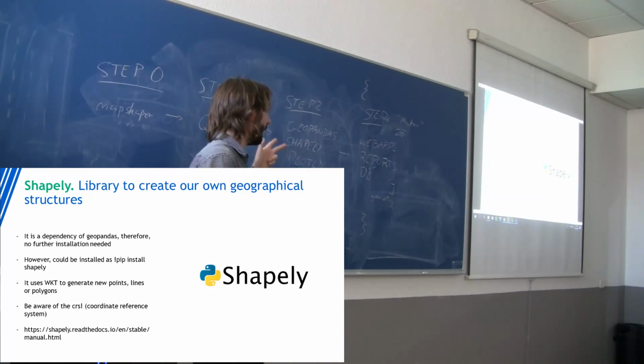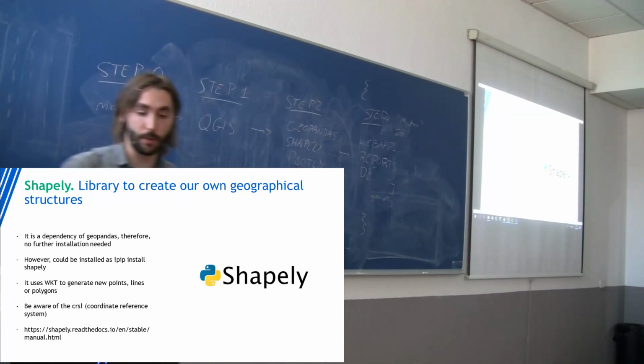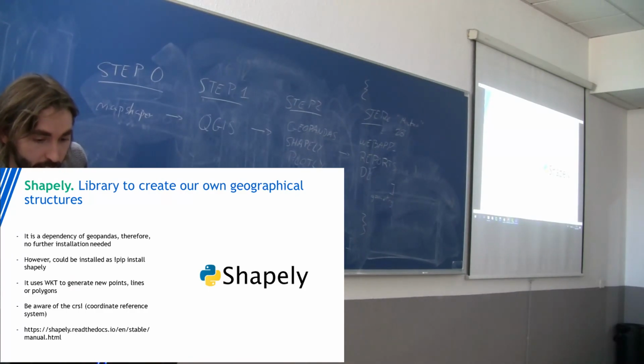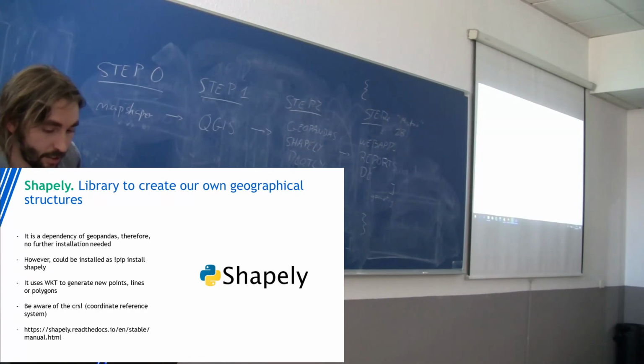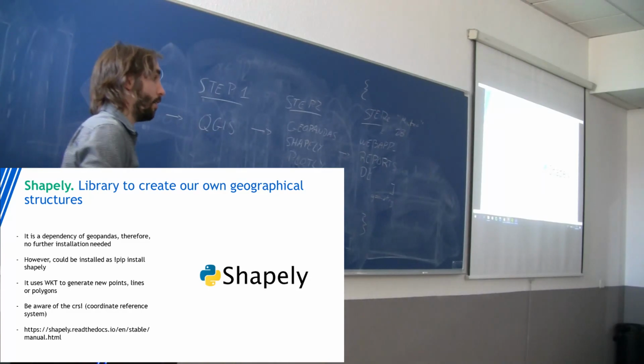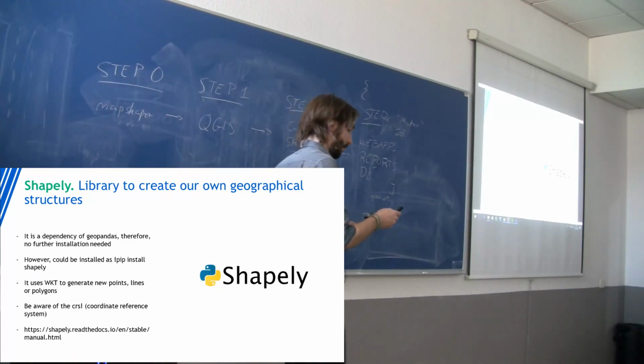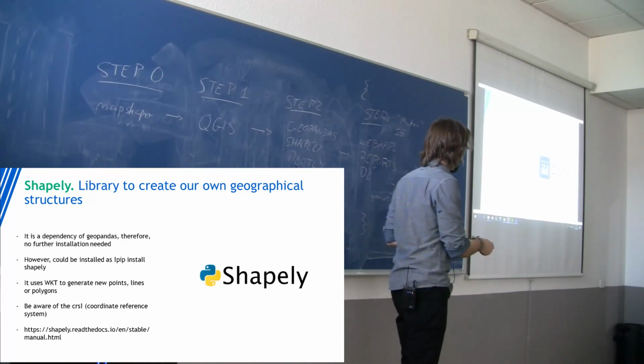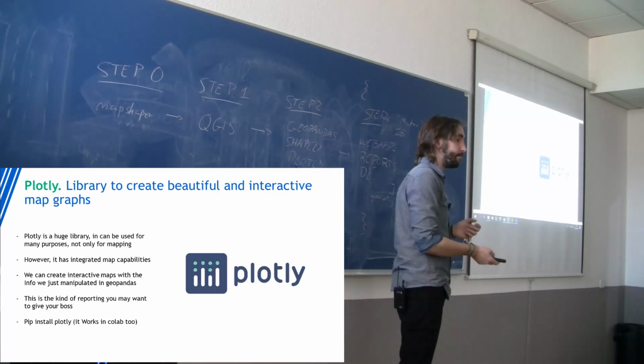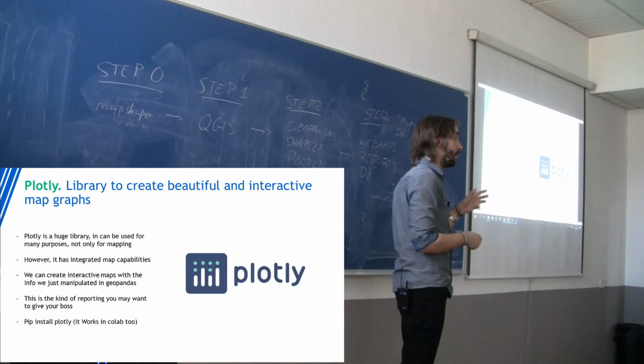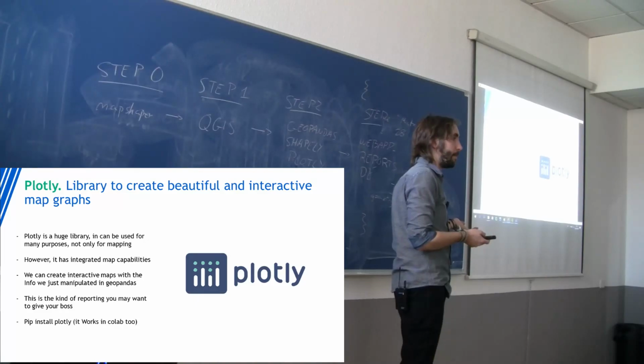So we need to use it instead of using QGIS, which would be one click, and then I can have this line. This is how to do it programmatically, how we can code it. And then Plotly is the way that we can visualize the map.